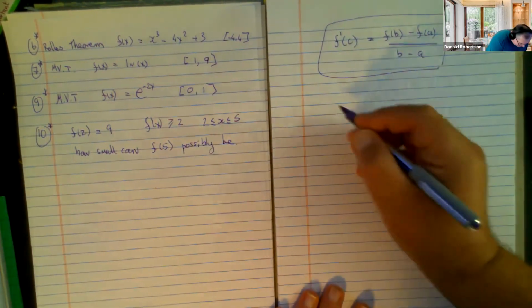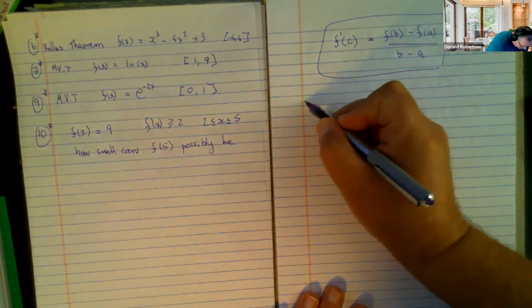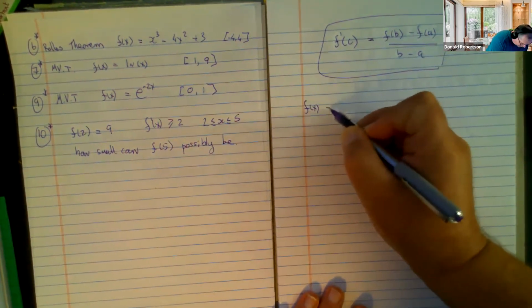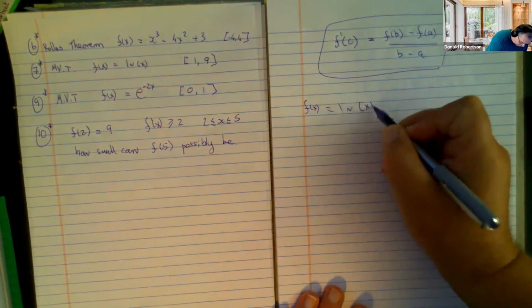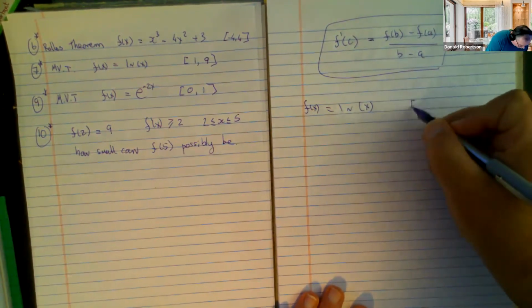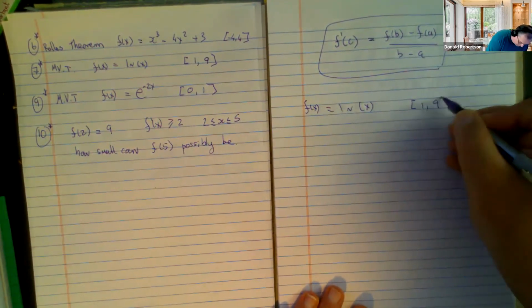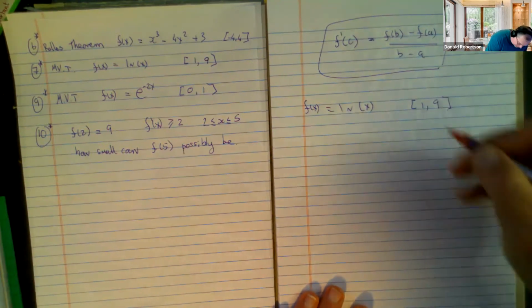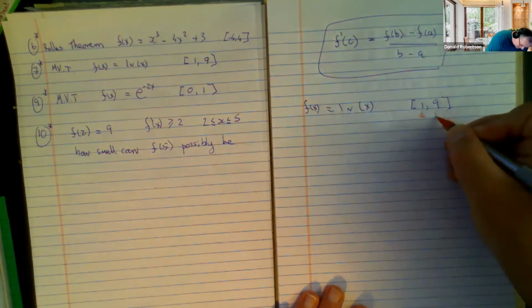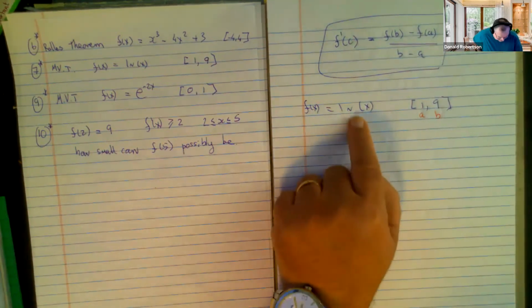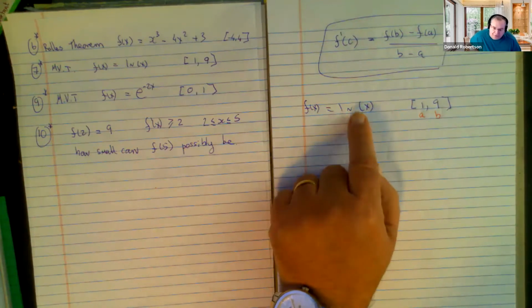So, let's start with f of x is the natural log of x, and you are looking at the interval from 1 to 9. So that's your A and that's your B. For these functions, you only need to prove two things.